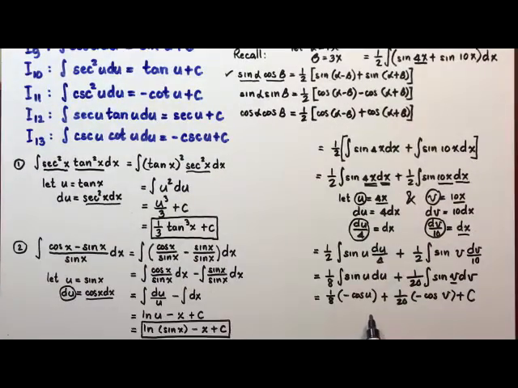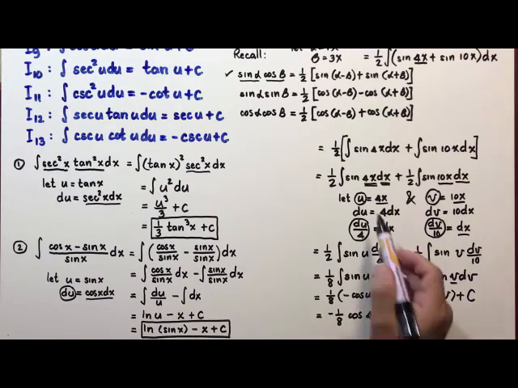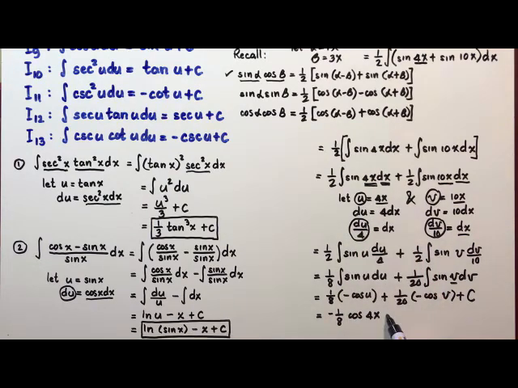Going back to our original variables, we have negative 1/8 times the cosine of 4x, because our u is 4x, minus 1 over 20 of cosine 10x plus c. And this is our beautiful answer for our example number 5.